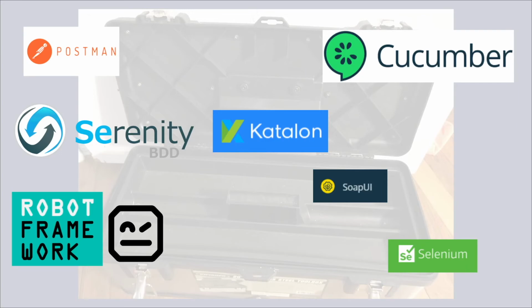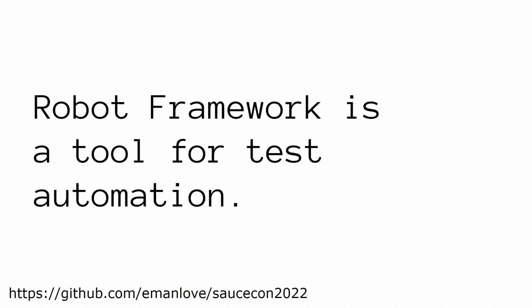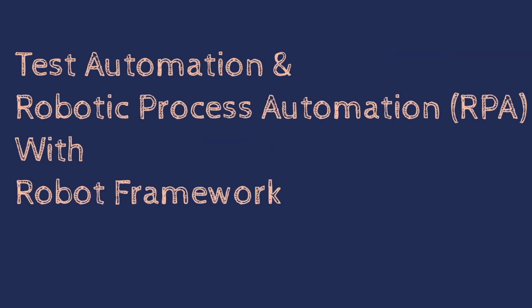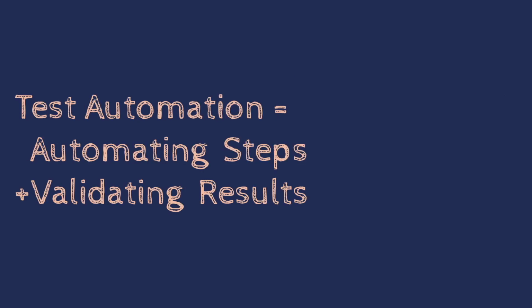And I'm almost forgetting to say, the original title of this talk was Test Automation and RPA. Robot Framework can actually be used for robotic process automation, basically doing business processes. If you're not familiar with RPA, or robotic process automation, let me describe it to you.